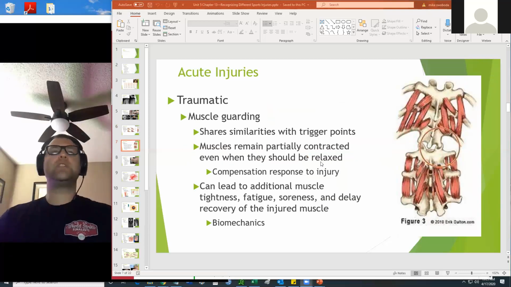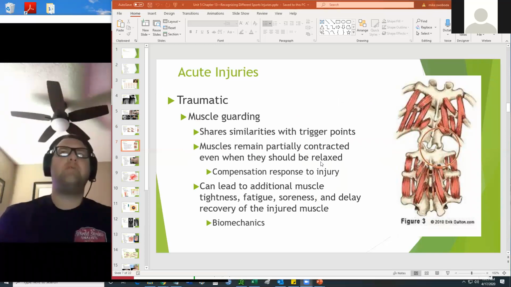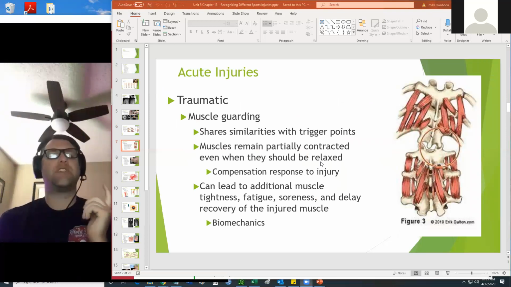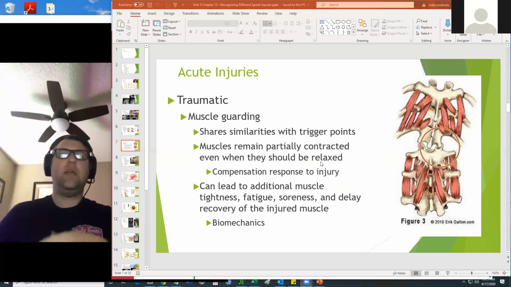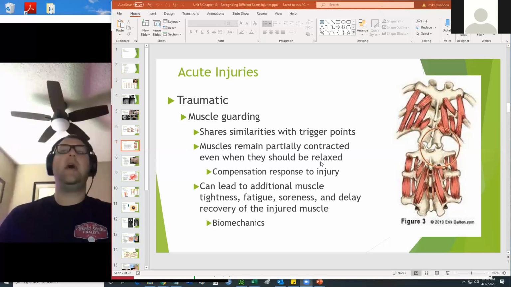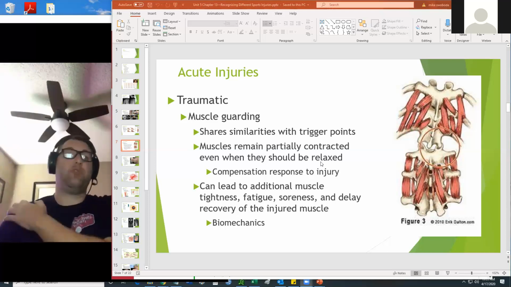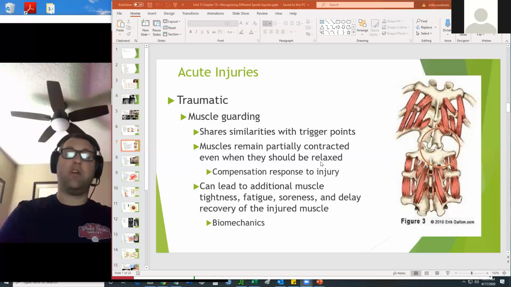Now, muscle guarding is really just a form of self-preservation or compensation. Most often, you're going to see muscle guarding in response to shoulder or scapula-based pain, potentially a little bit with the leg, but it's very common in the shoulder. If you're an overhead throwing athlete, like a baseball player, softball player, or quarterback, and you have any pain in your shoulder, throwing at top speed or max effort is going to hurt.